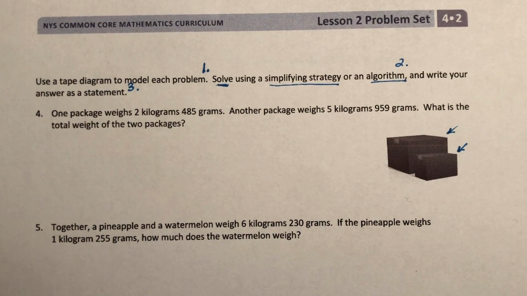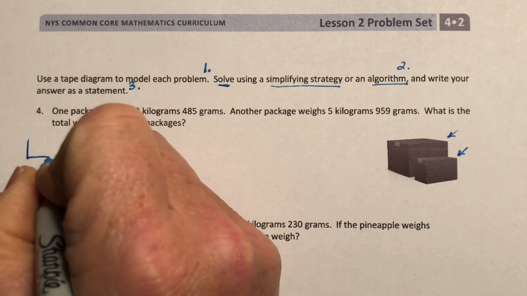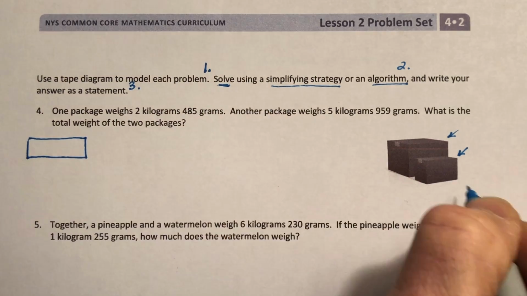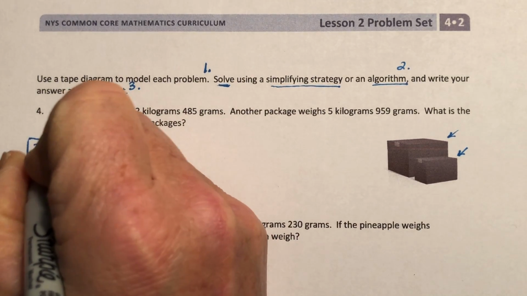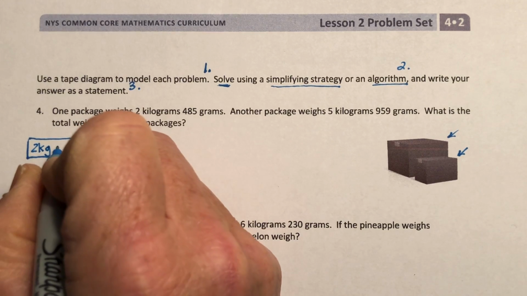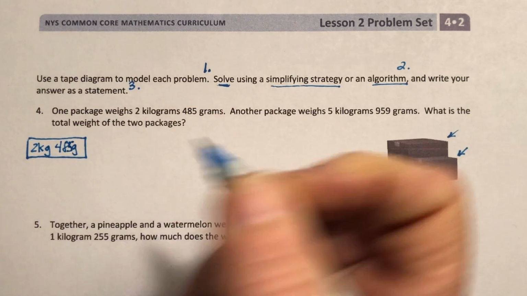So that's what we're going to do. We're going to make a tape diagram. First we're going to draw this out, okay, as a tape diagram, and use my first weight, the smaller one, which is 2 kilograms, 2 kg, 485 g. Oops. There.